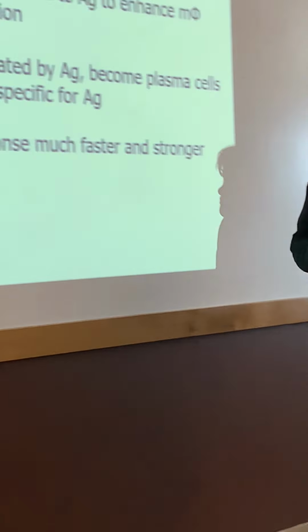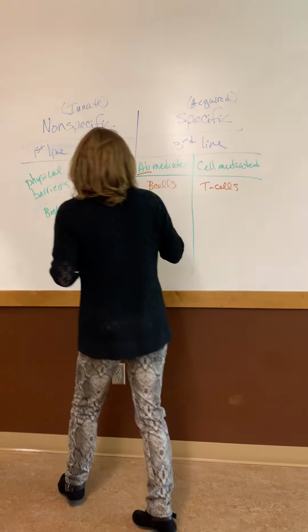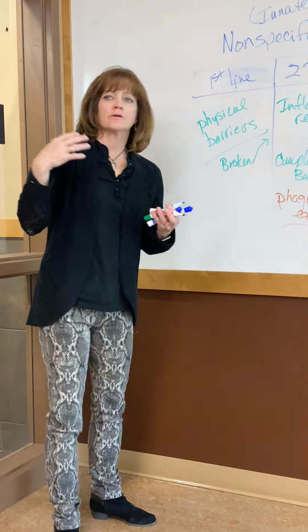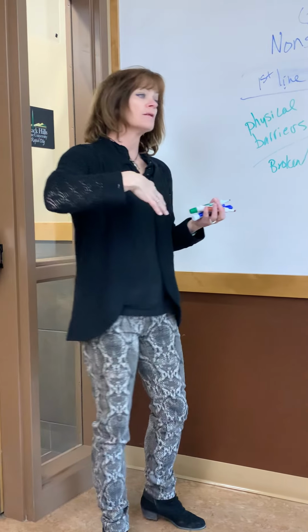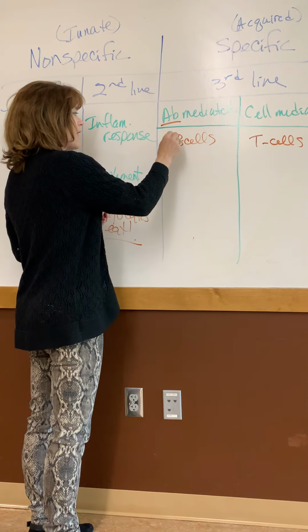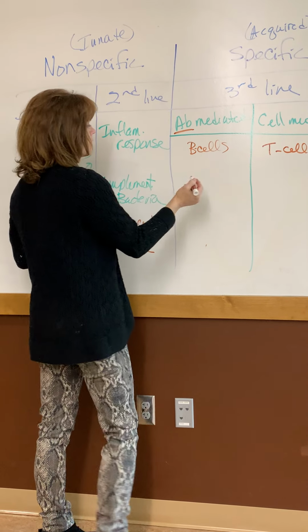So remember that our B cells make antibodies. B cells have to recognize that there is an antigen, that there is something foreign that has invaded the body. And B cells can identify this pathogen in one of two ways.